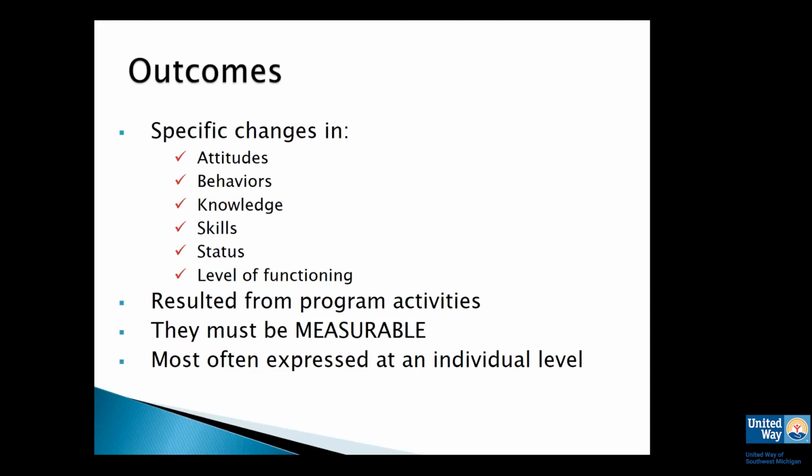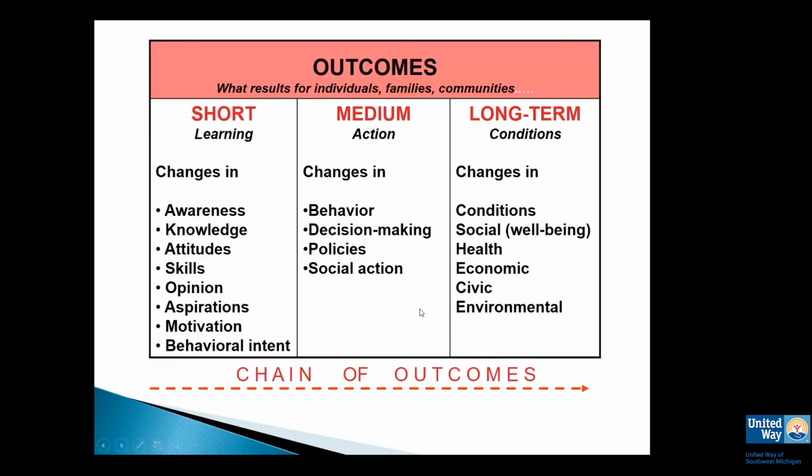And if you can, then you have the framework you need for a measurable outcome to be measured. So here are some more ideas. Short term could be things like learning, and again, you saw this before, changes in knowledge, awareness, skills, opinion, aspirations, motivation, behavioral intent.